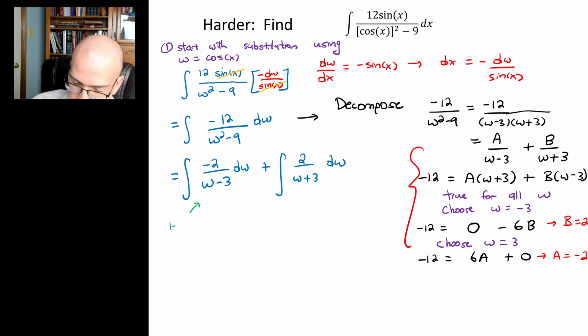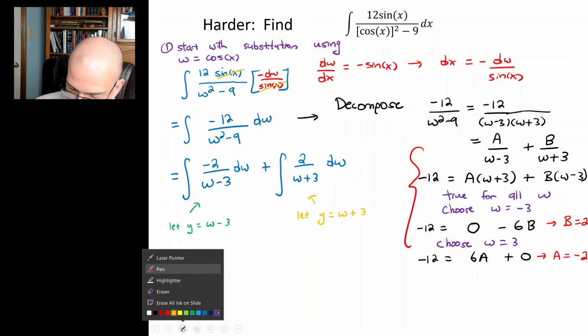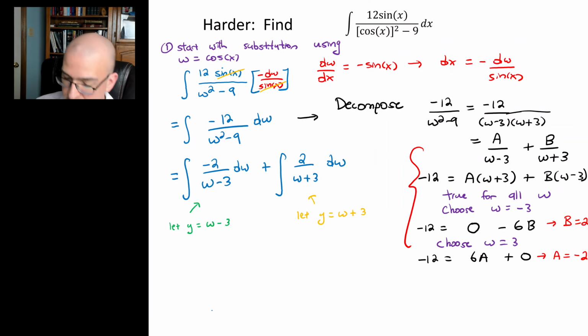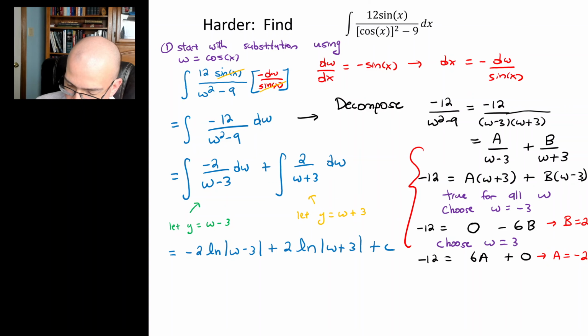Let y equal w minus 3 for this one, and for the next one, let y equal w plus 3. Do the substitution, and we get negative 2 ln absolute value of w minus 3 plus 2 ln absolute value of w plus 3 plus c, and we're not done yet.